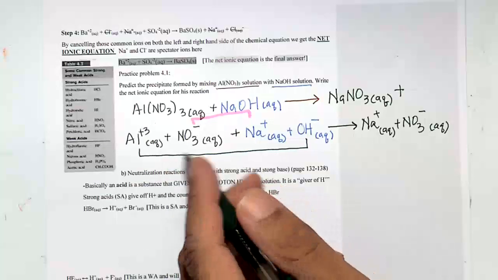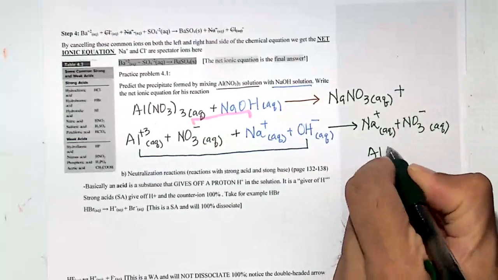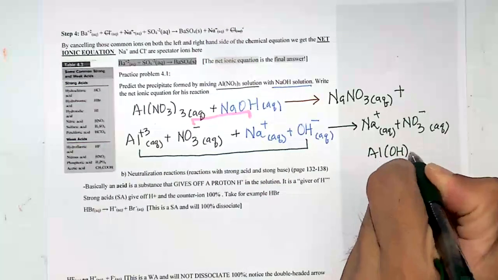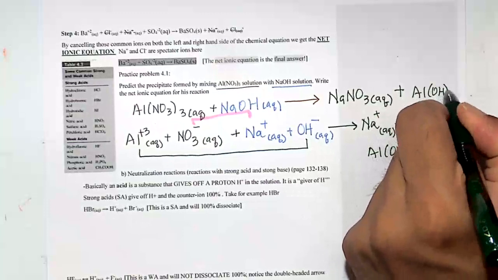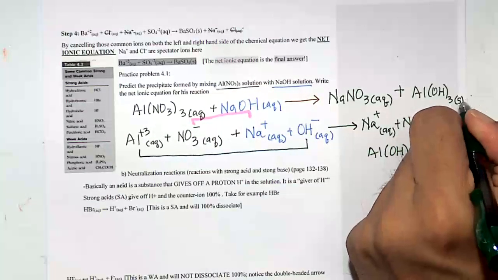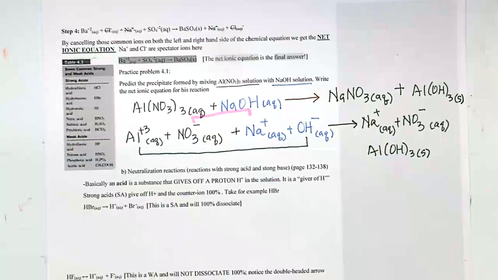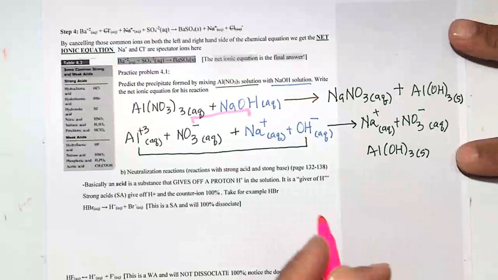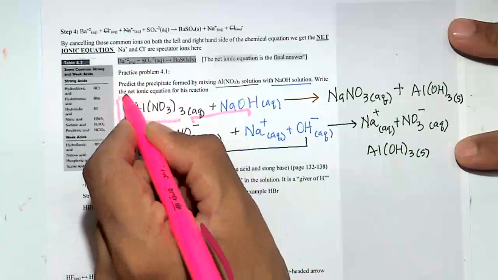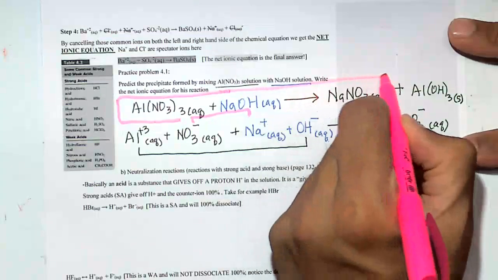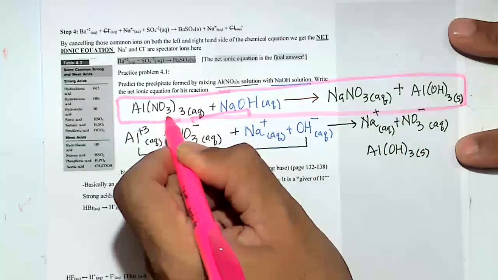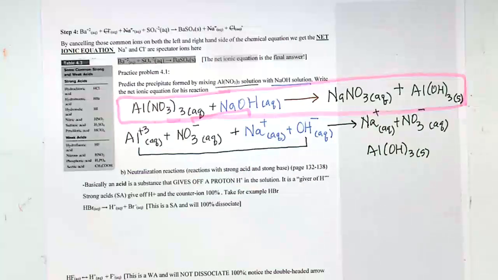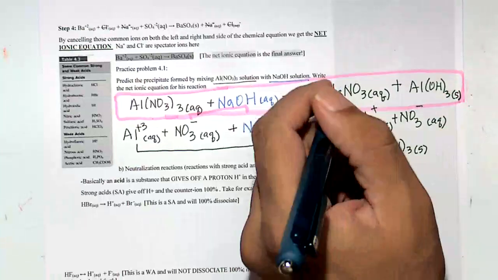And the formula would be, if we do the switcheroo, Al, we switch it, solid. So the top here is the molecular equation.